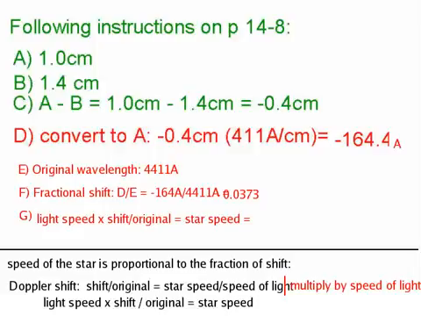Wait a minute. We've already calculated that. That's our fraction, so we don't have to write out the whole thing. So it would just be the speed of light times our fraction, which is negative 0.0373.